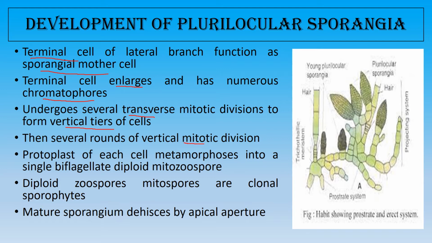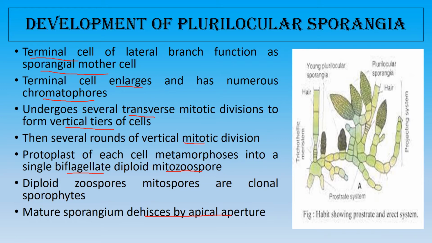As the divisions are mitotic, there is no reduction in the ploidy level, so it will be diploid in nature, and the biflagellate zoospores are diploid in ploidy; they are called mitozoospores. The mitozoospores produced by the plurilocular sporangia are liberated by dehiscence of the apical aperture.